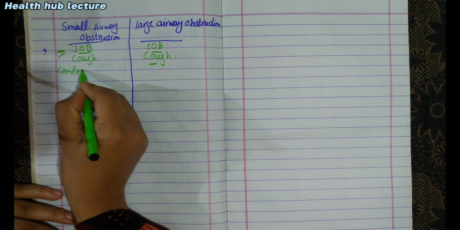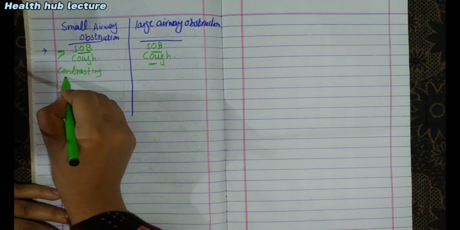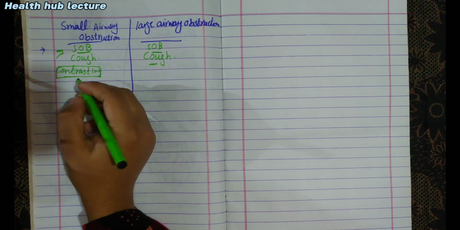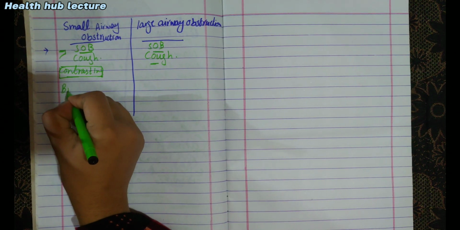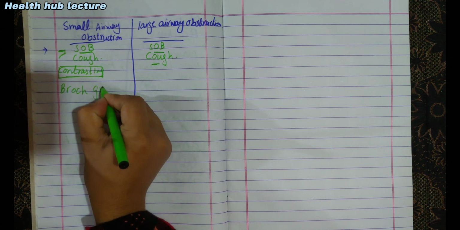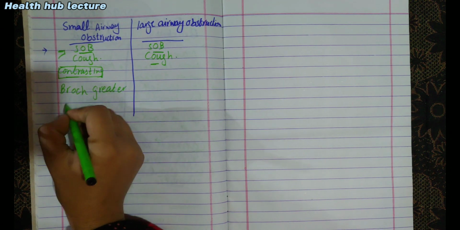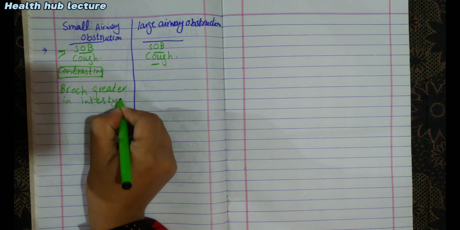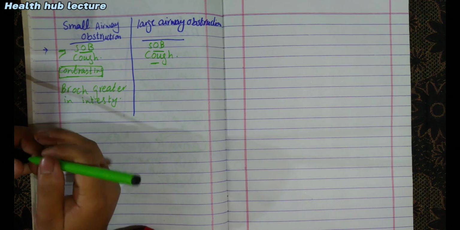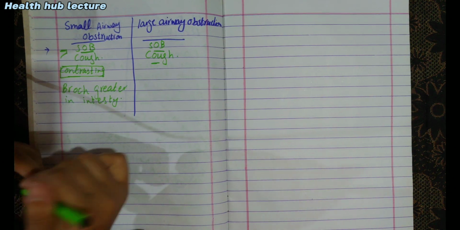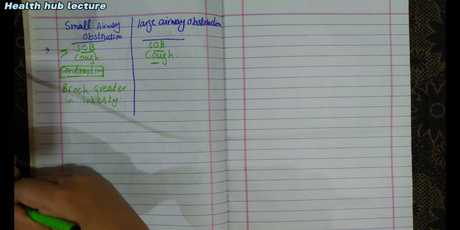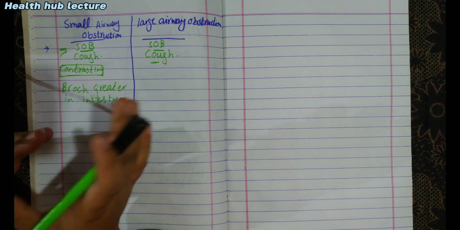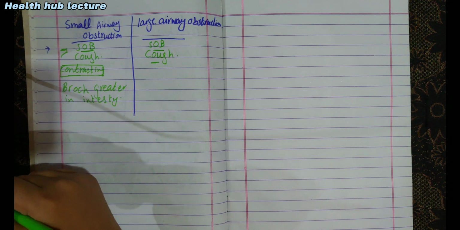The contrasting features are the different features. In this, the bronchi sounds are greater in intensity and can be heard with the stethoscope. When we listen with the stethoscope, the bronchial sounds are greater, and vesicular sounds are lesser.